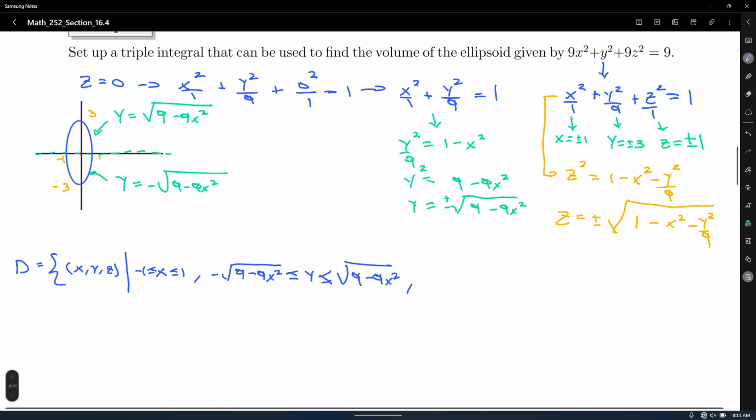And lastly, the limits for z, I think they're here in yellow, right? So that is negative square root of 1 minus x squared minus y squared over 9, to z equals square root of 1 minus x squared minus y squared over 9. All right?